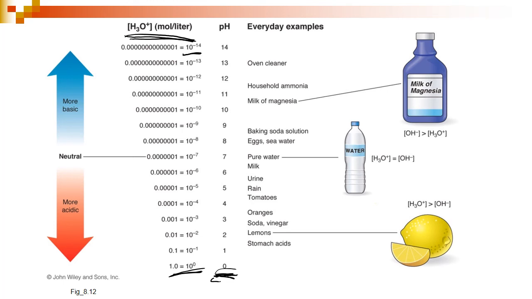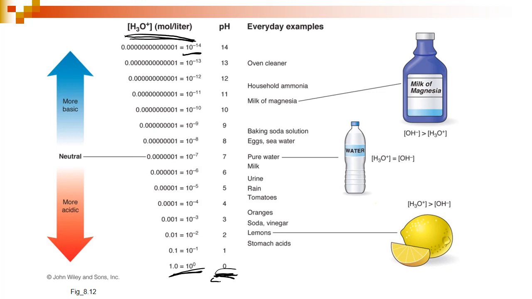And you might think, wait a second, rain's made of water and water is supposed to be neutral. We're going to find out later in this chapter that rain is not necessarily pure water, that it absorbs some of the gases as it travels through our atmosphere, and that changes the pH. Also, slightly on the acidic side, we have urine between 5 and 6, and milk between 6 and 7.